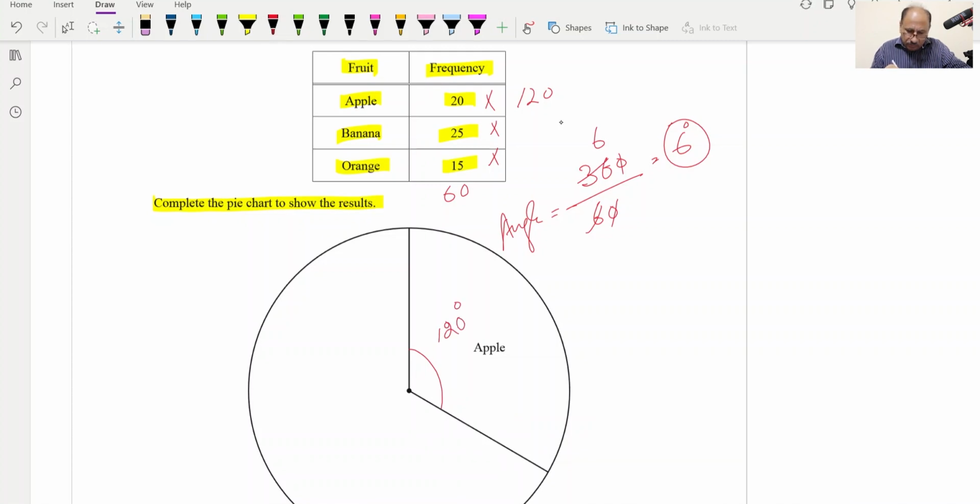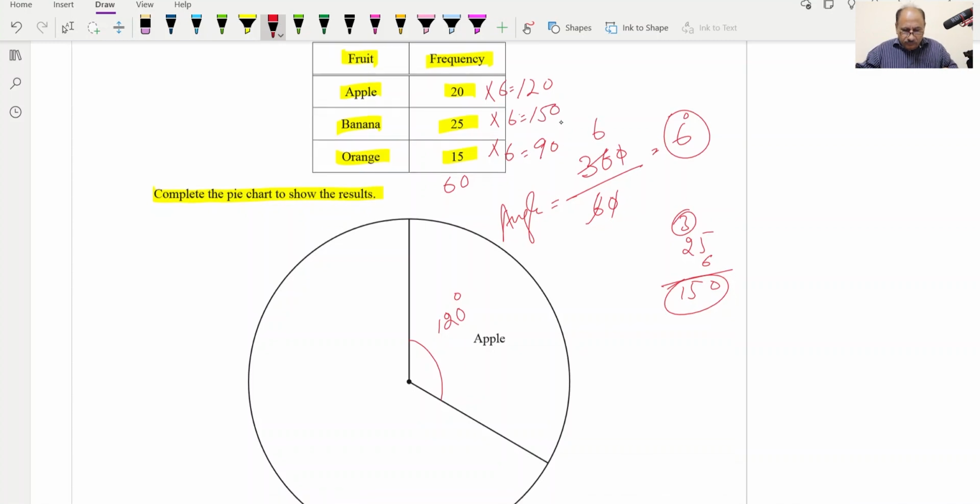Instead of an arrow we can show just this angle symbol, and then orange will be 15 multiplied by 6 which is 90, and 25 multiplied by 6 will be 150. We can multiply also: 25 multiplied by 6, 6 fives are 30, and 6 twos are 12, and this will be 150. So multiplied by 6 is equal to 150 and 90.